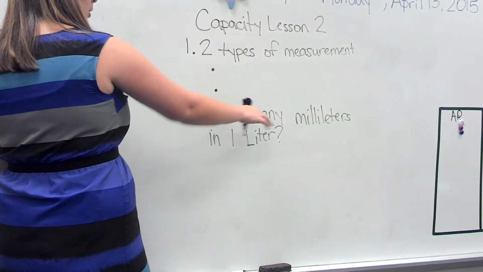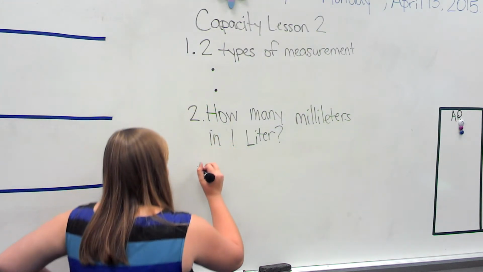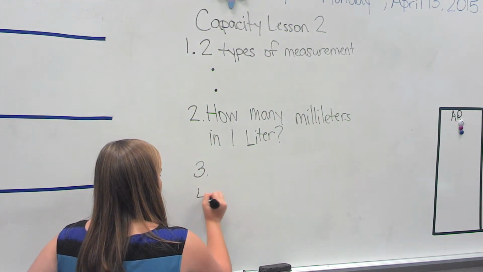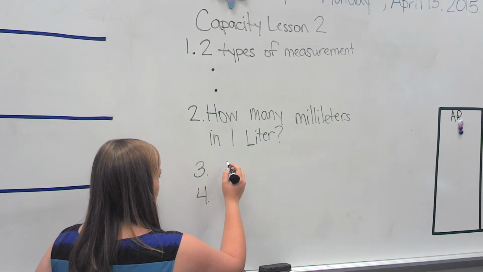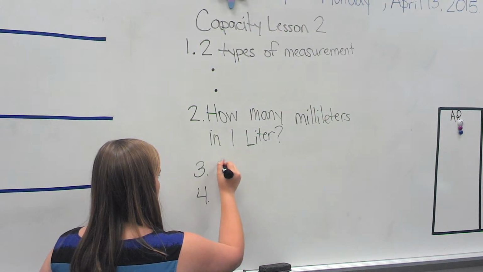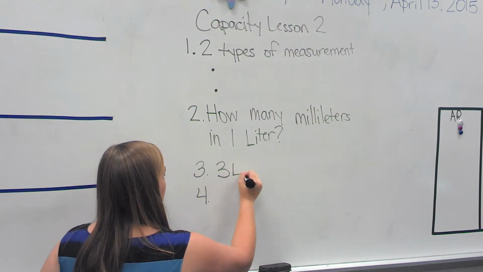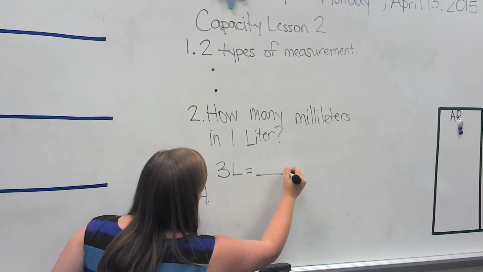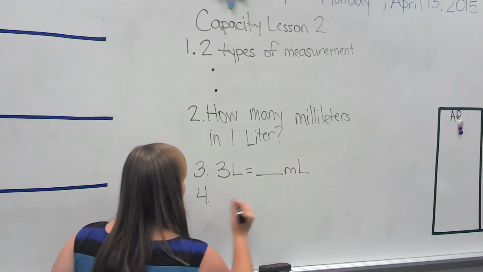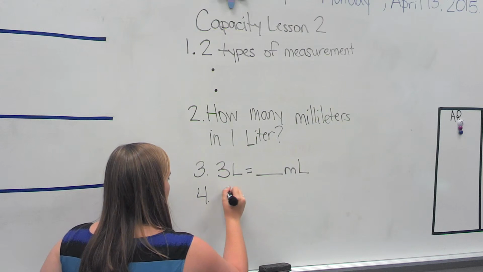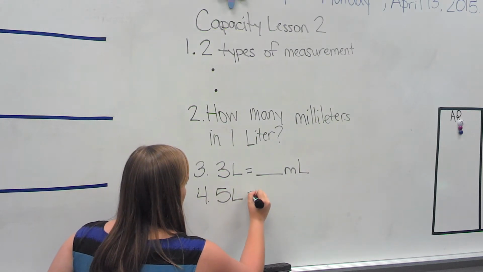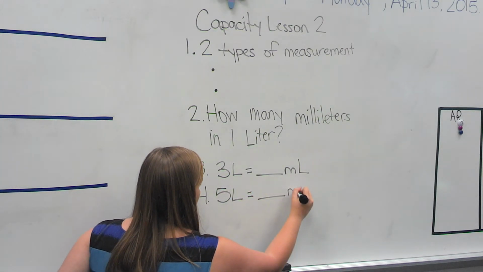Tell me how many milliliters are in a liter. And then for 3 and 4, since I showed you how to change between milliliters and liters, I want you to tell me how many milliliters are in 3 liters. So 3 liters are equal to blank milliliters. And let's do 5 liters is equal to blank milliliters.